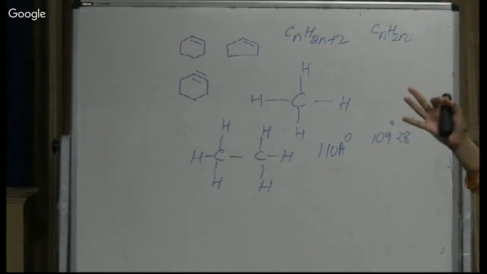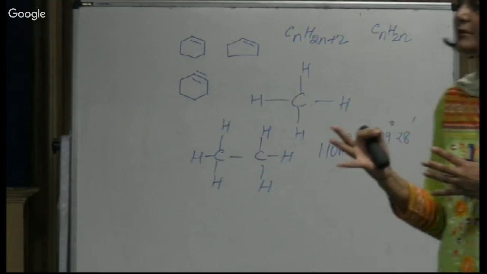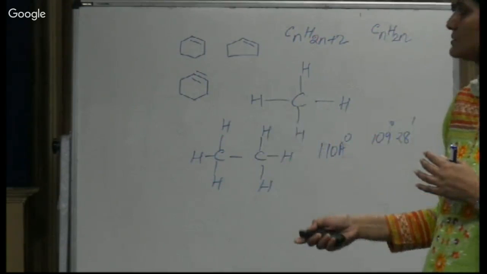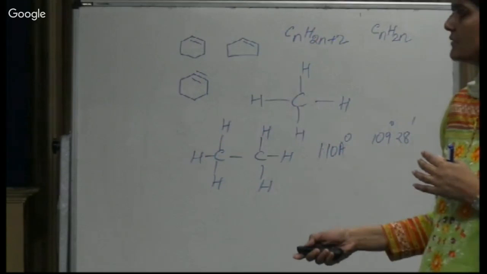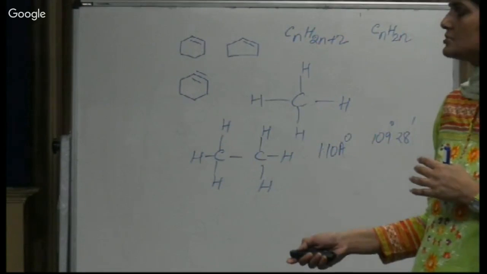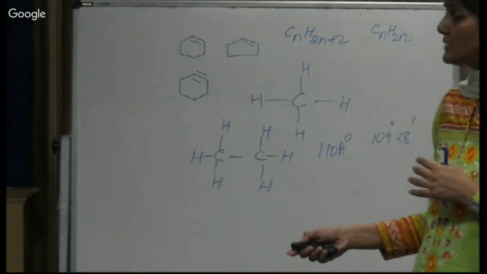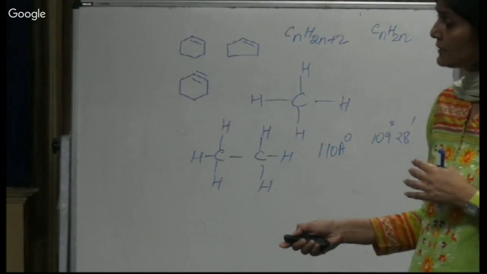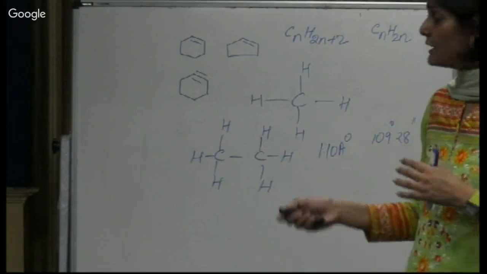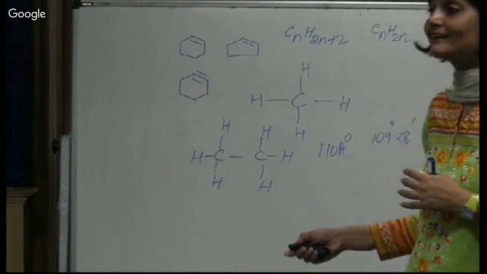Now what happens when you have branching taking place in the chain? I've given you 3 compounds here. One is octane, the second one is 2-methyl heptane, and the third one is 2,2,3,3-tetramethyl butane. So you have seen that the branching goes on increasing as you go down from top to bottom. So the boiling points are progressively decreasing.